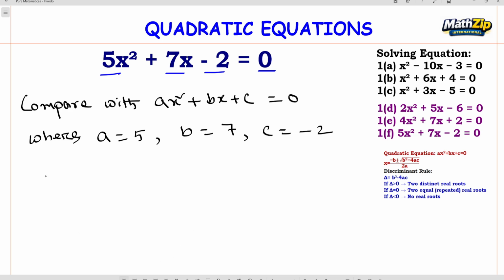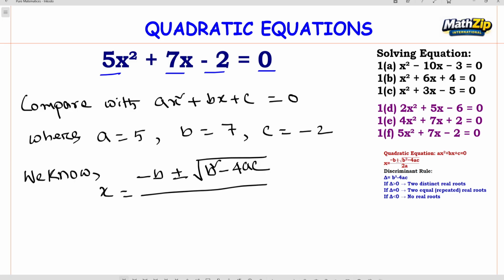We know x equals minus b plus minus root over b² minus 4ac divide 2a. Okay, now we will substitute the values of a, b, c.